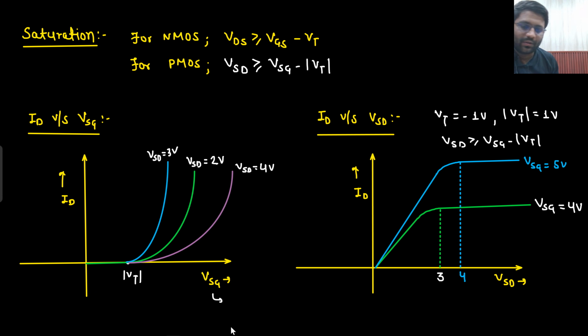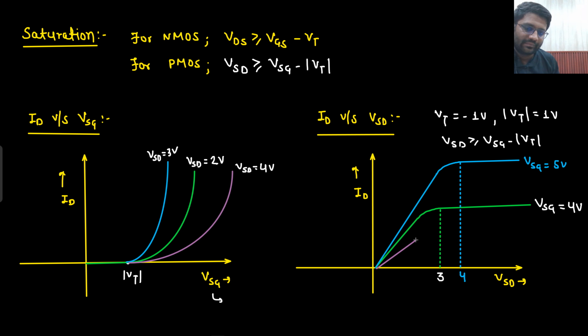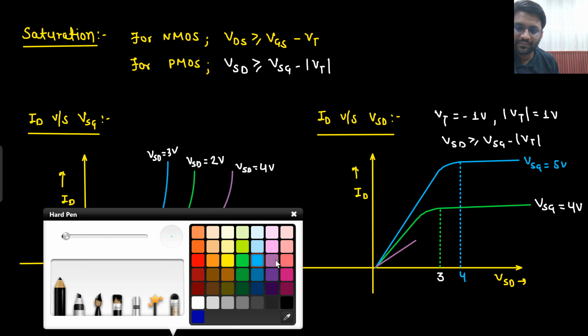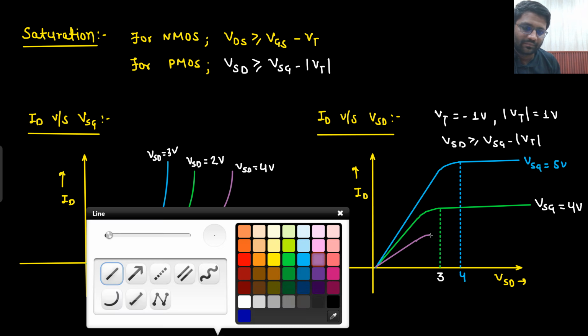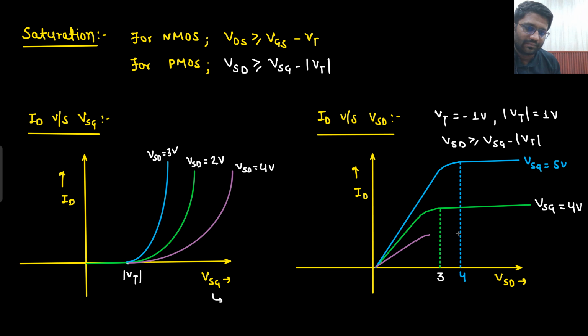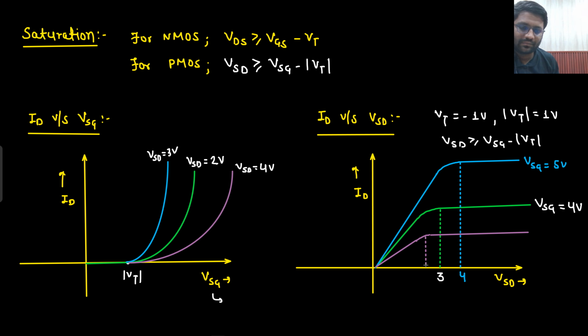So this will be 4. This value will be 2, and here your VSG would be 3 volt. VSG minus mod of VT, that would be 3 minus 1, that would be 2. So VSD should be greater than or equal to 2 to get into saturation.